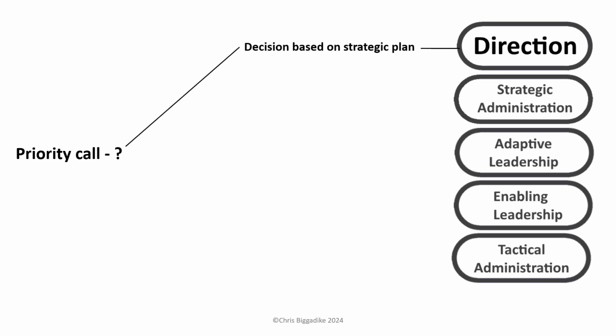Well, if you're using the strategic plan as a basis of your decision, then this would be part of the leadership which gives direction. If you look to the business processes or common practices when making the decision, then this leadership mode is strategic administration.